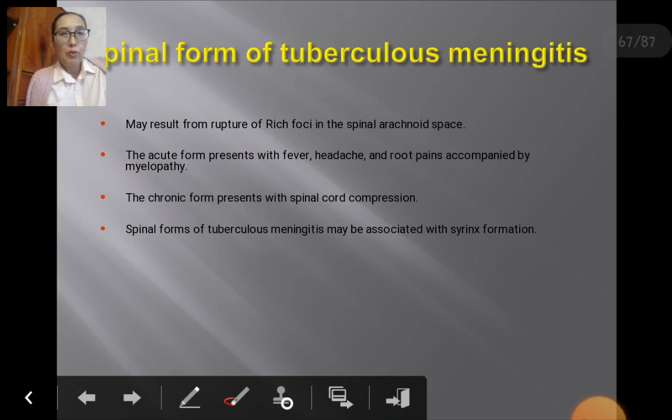The spinal form of tuberculous meningitis might result from a rupture of rich foci in the spinal arachnoid space. The acute form presents with fever, headache, and root pains accompanied by myelopathy. The chronic form presents with spinal cord compression. The spinal form may be associated with syrinx formation.